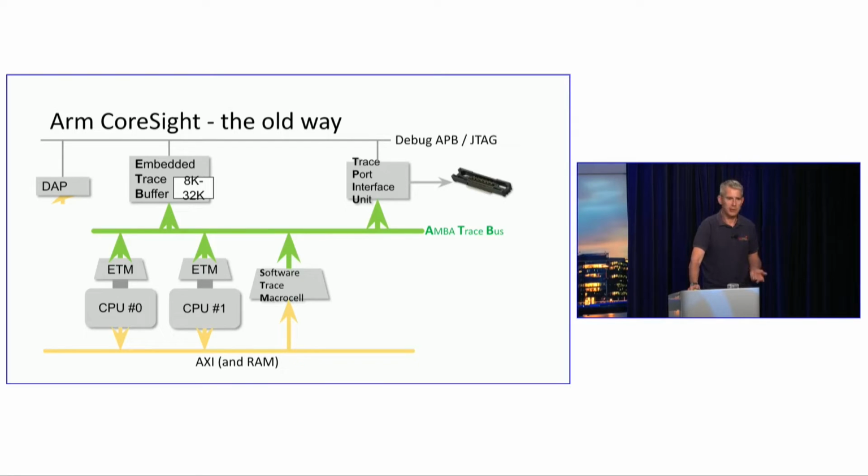You can also collect it in a dedicated buffer, and it will go into the buffer, and you can then read it out. And we can use this from self-hosted software. So you can collect your trace into a dedicated buffer and then read it out. The buffer tends to be extremely small, so it's actually not very practical to do this for significant amounts of data.